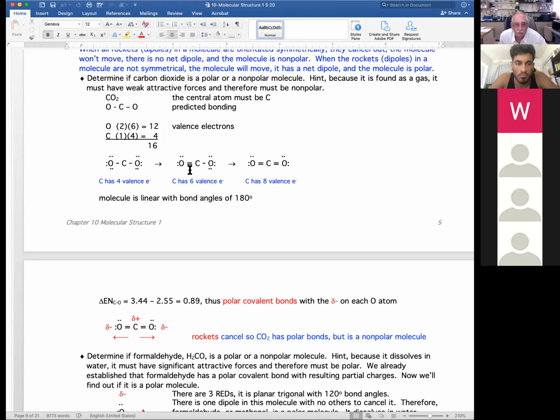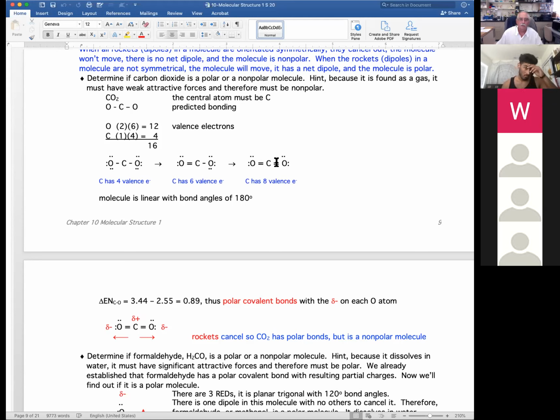So right now it has 2, 4, 6 around it. It's still not happy. But in this case, it helps to have another friend. So now if I share these over here, notice that I've made every single atom happy. Carbon has 8 valence electrons around it, symbolizing s2p6.